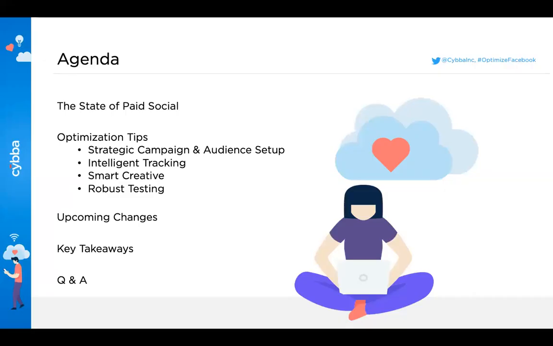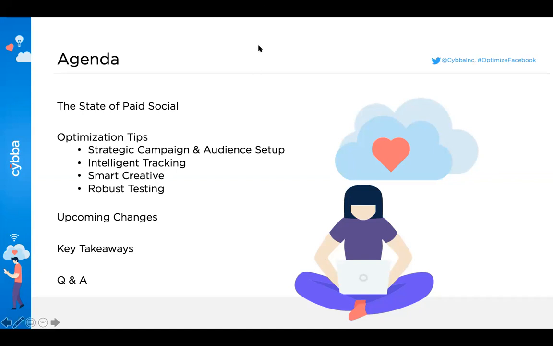As for our agenda, we'll be discussing master tips to increase reach, effectiveness, and profitability of your Facebook campaigns. We'll be sharing some of the tips from the hundreds and hundreds of campaigns we've been running with our clients. We're going to get started just with a few words on the state of paid social, and then really get to the heart of the session today, which is on optimization tips.